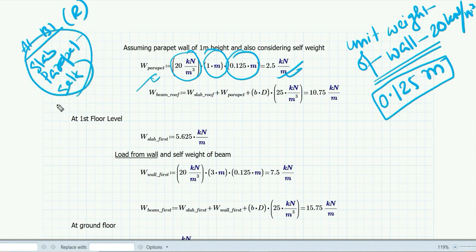So these three things are going to act. So the total weight on the beam, which is the roof, is equal to, you just add all these three. This is the self weight of the beam, this is from the parapet, this is from the slab. So it will become 10.75 kilonewton per meter.